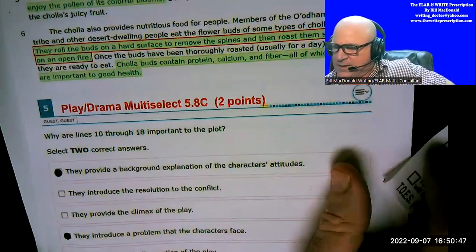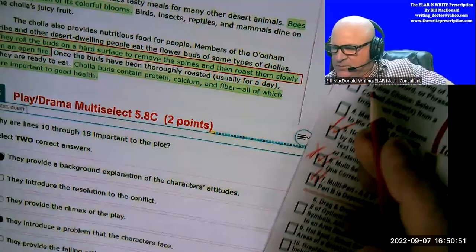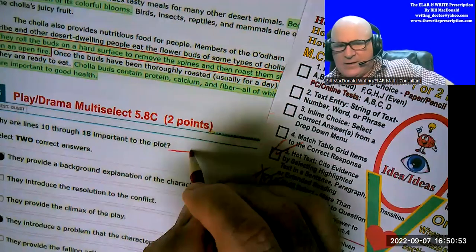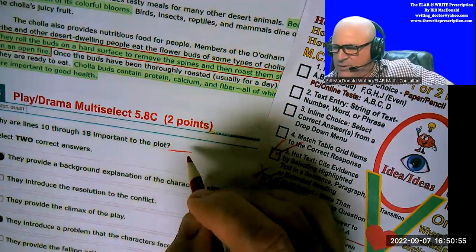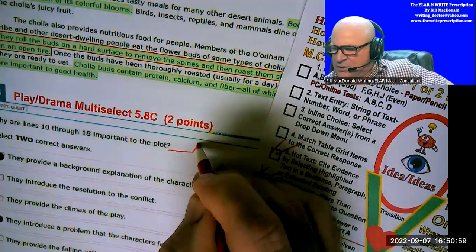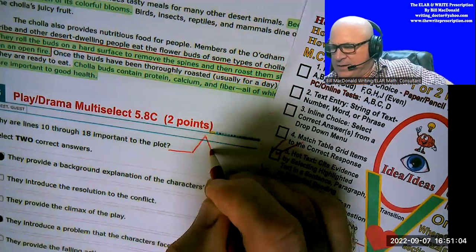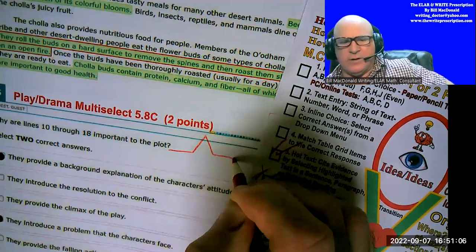With plot, there's some sort of action, some event taking place, then a rising action, a climax, the falling action, and then the resolution, or the ending of the story.